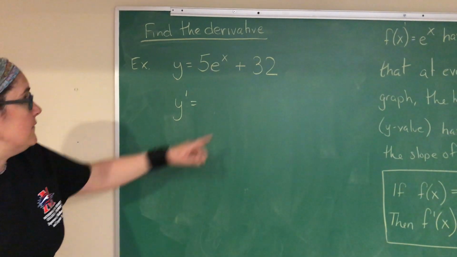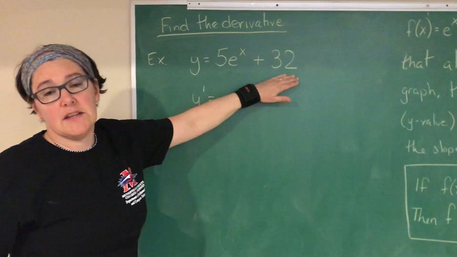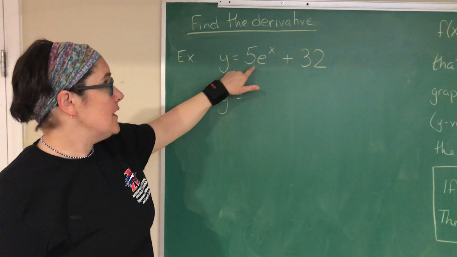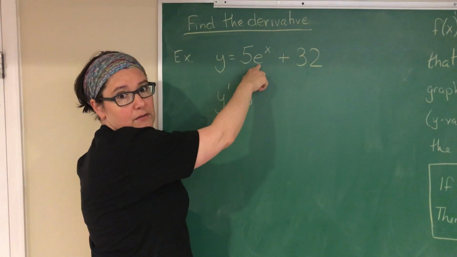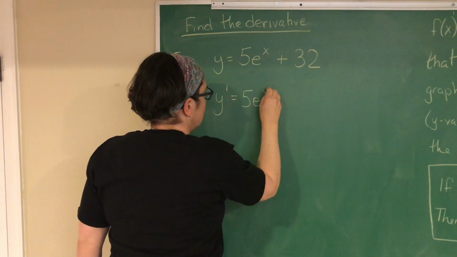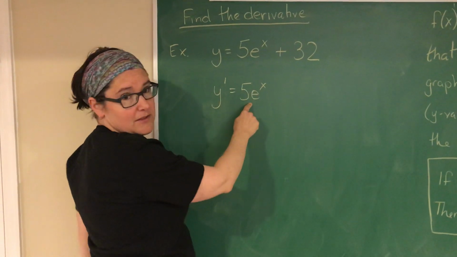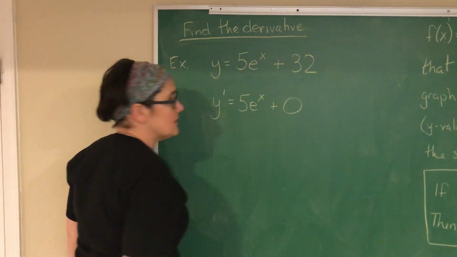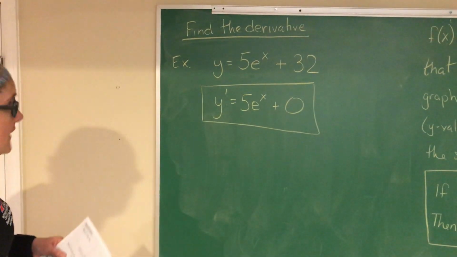When we take our derivative, I see a plus sign here, so I can focus on 5e to the x, take its derivative, and then take the derivative of the 32. For the 5e to the x, I have a number times our function, so I carry along the number, and I take the derivative of e to the x. The derivative of e to the x is e to the x. So the derivative of 5e to the x is 5e to the x. And then my derivative of 32 is 0. I don't have to write the plus 0, but I can if I want. So that's our derivative.